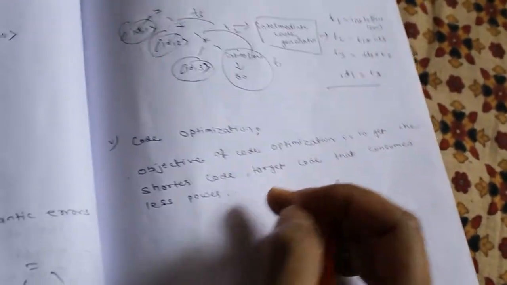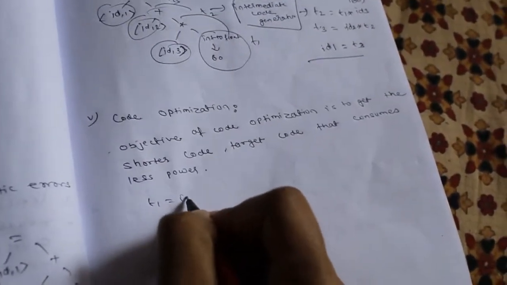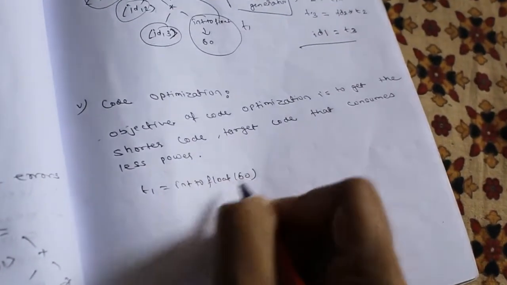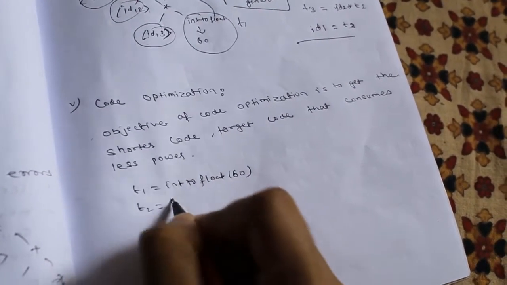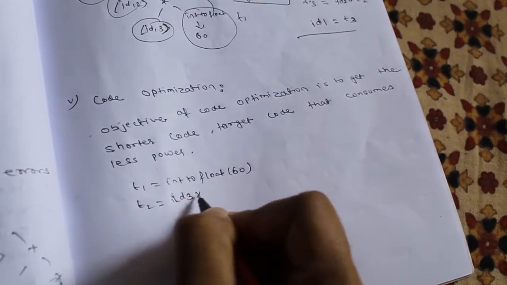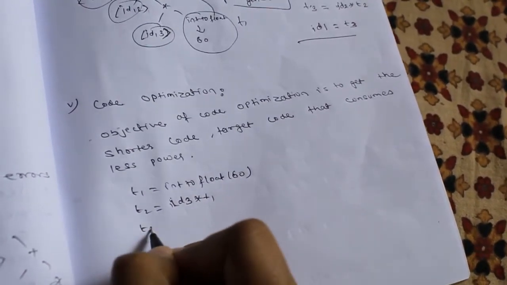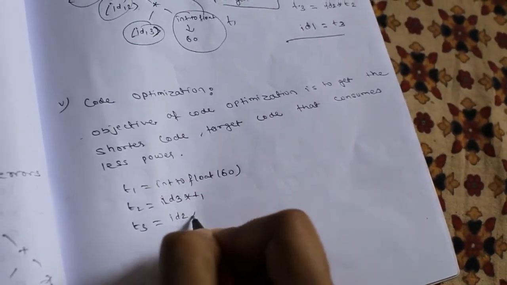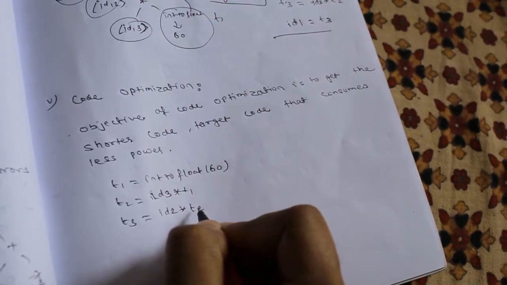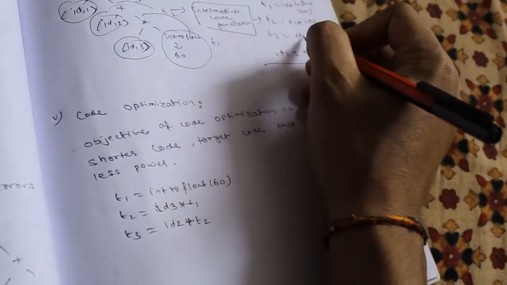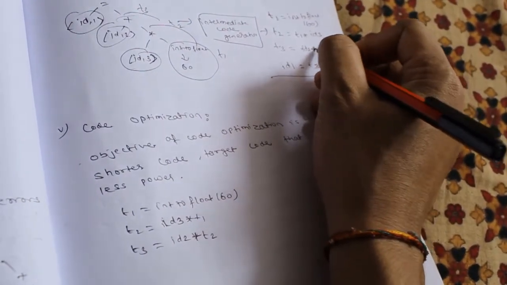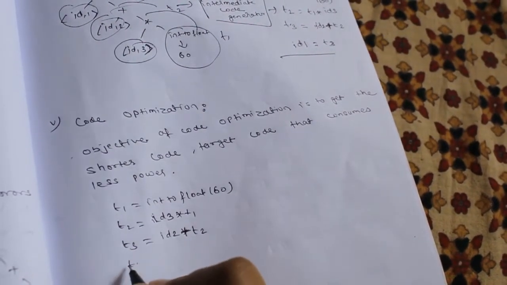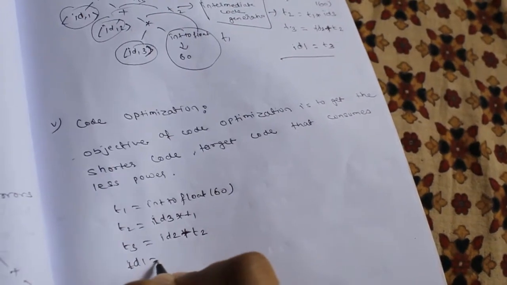So here we'll take the intermediate code. Okay, here we have id3 into t1, t3 equals to id2 into id2 plus, this is plus, so id2 plus, and id1 equals to t3.